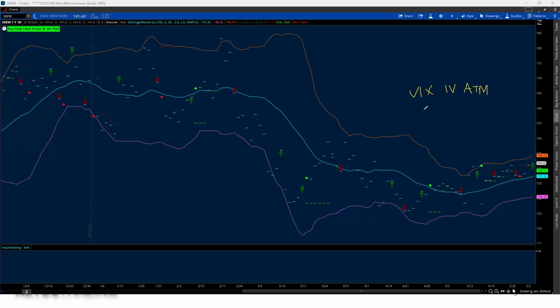Okay. Those are option strikes closest to the price of the underlying. Skew is based more on implied volatility of out of the money strikes.